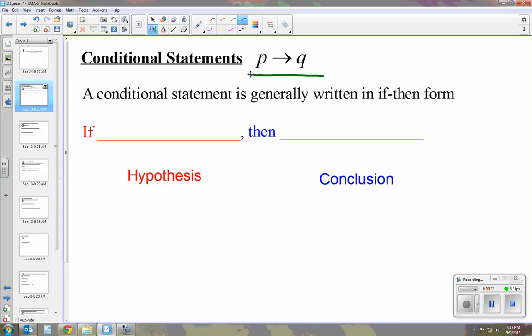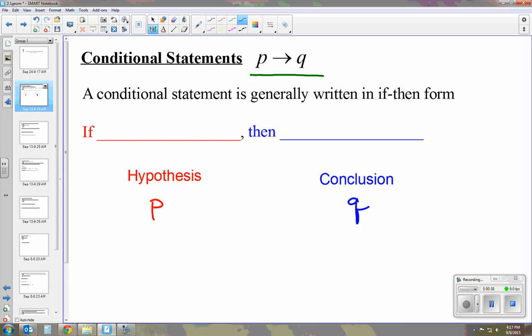So if we have a statement, if something, then something, the if portion is the hypothesis, and that's our P. And then the then is our conclusion, which is our Q. And we're going to use these symbols to help us write new statements.